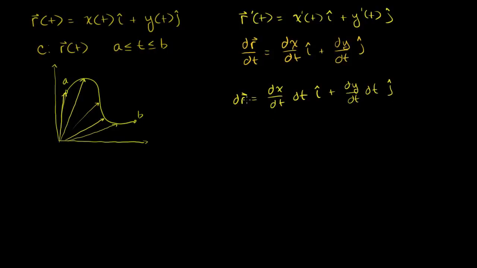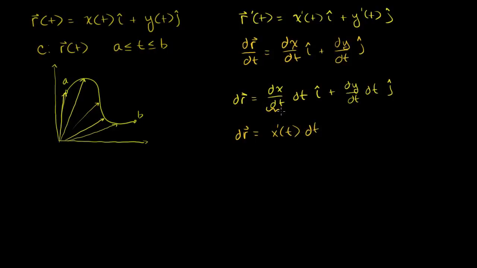Or we could rewrite this, and I'm just rewriting it in all of the different ways that one can rewrite it. You could also write this as dr is equal to x prime of t dt times the unit vector i. Sorry, this was x prime of t, right?